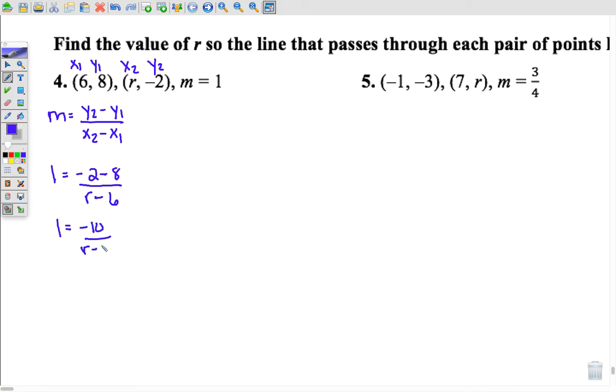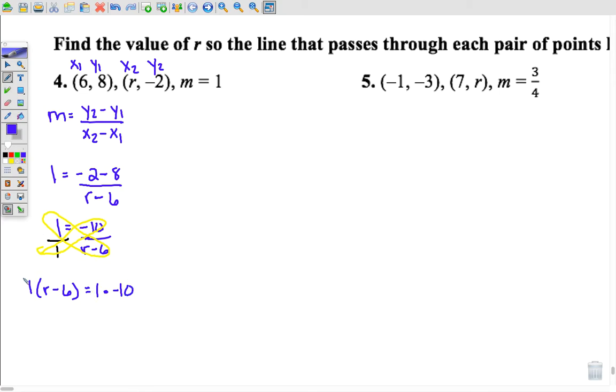minus 6. Now, when you get to this point, you're going to want to put this whole number over 1, and then cross multiply. So you want to cross multiply these, and you want to cross multiply those. Kind of like your little butterfly that y'all had to do in middle school. So you have 1 times that r minus 6 is equal to 1 times the negative 10.